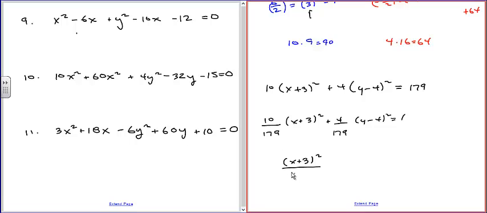So it becomes x plus 3 squared over 179 over 10, plus y minus 4 squared divided by 179 over 4, and that equals 1. So that's the standard form for an ellipse, because these are both positive. And these tell us something about the length of the ellipse in the x direction and the y direction.